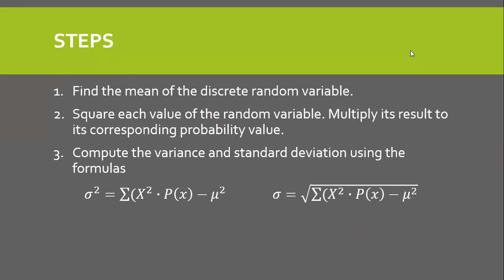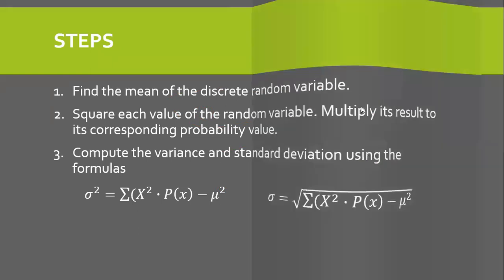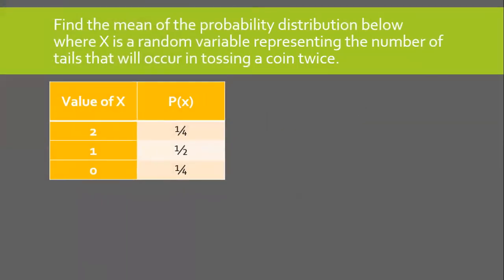Now, let's proceed to our example. You will be using the same example. Find the mean of the probability distribution where x is a random variable representing the number of tails that will occur in tossing a coin twice.